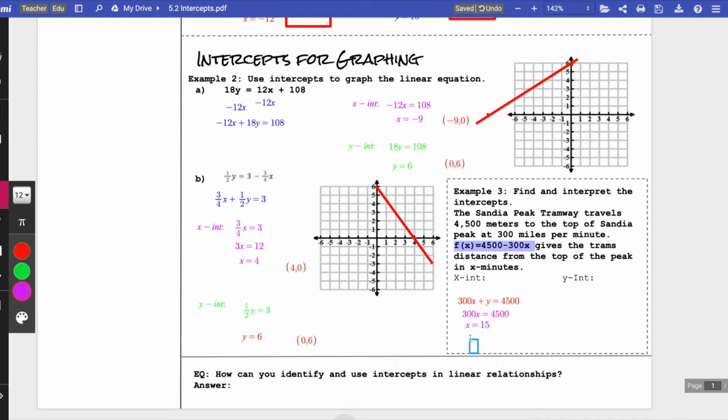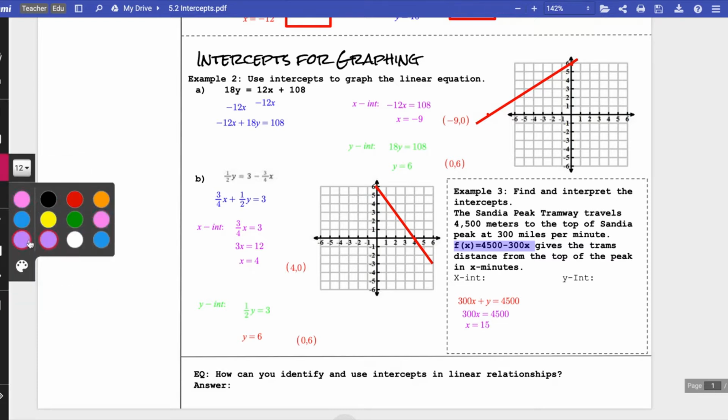When the height is 0. Am I doing this correct? Travels 4,500 meters to the top. So when x is 0, it means that's where it's starting. Notice I didn't have to give it as a coordinate this time. That makes it a little bit easier.